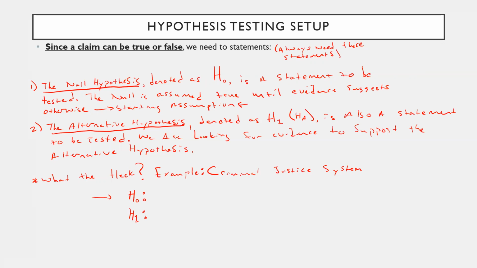Here's the null, and here's the alternative. The null statement in this example is that the defendant is innocent, because you have to have some starting assumption.